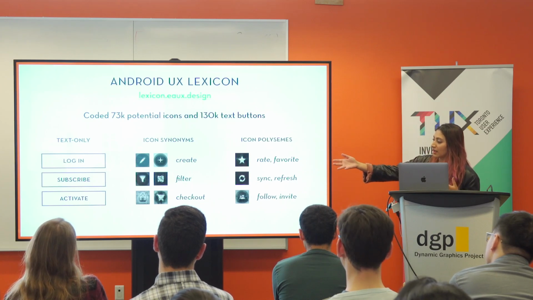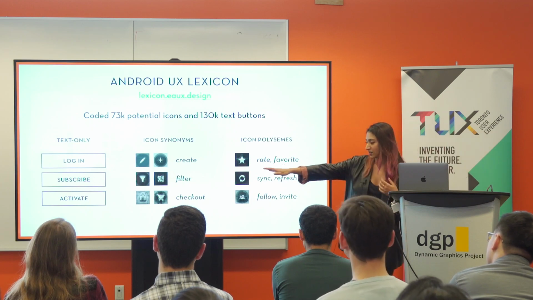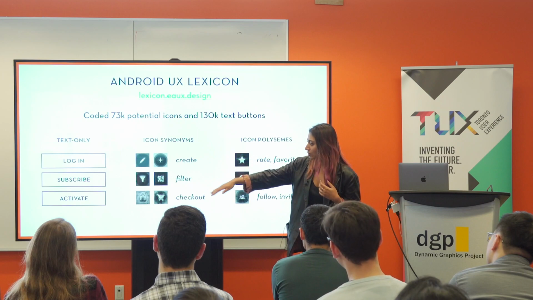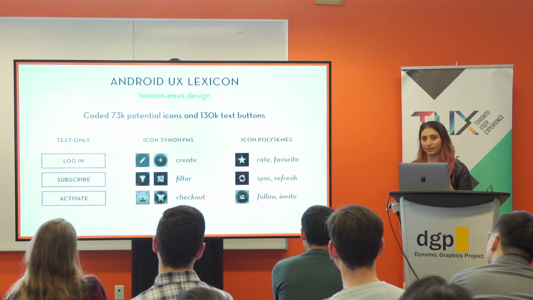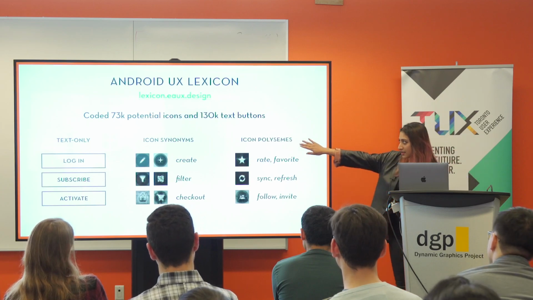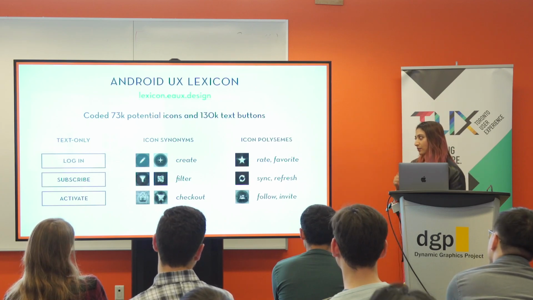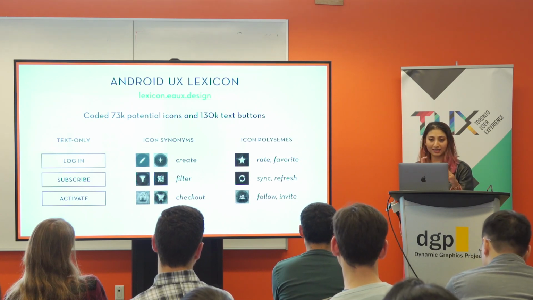Sometimes you get icons for concepts, and you start seeing these icon synonyms. So these are icons where they basically signify the same UX concept. And then you also get icon polysemes, by which I mean, depending on the context, they can mean different things.